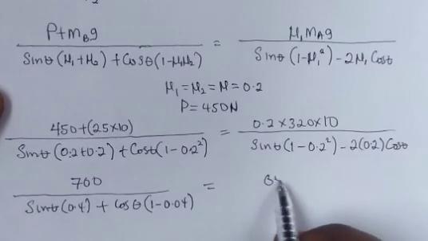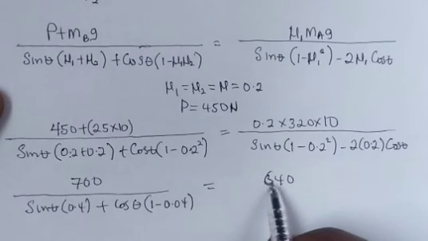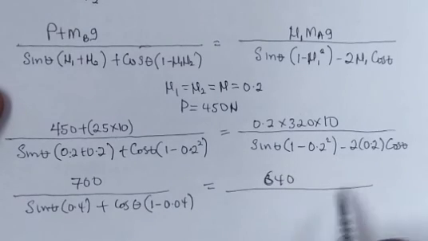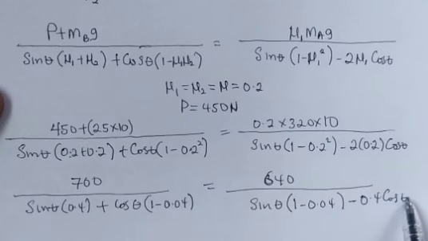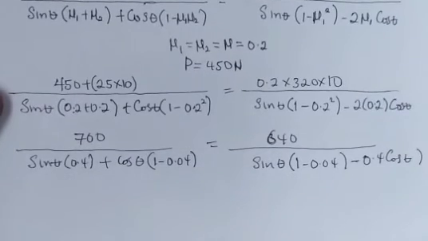So we have 640 all over sine theta into bracket, we have 1 minus 0.04 minus 0.4 cos theta. So in this case we move forward.